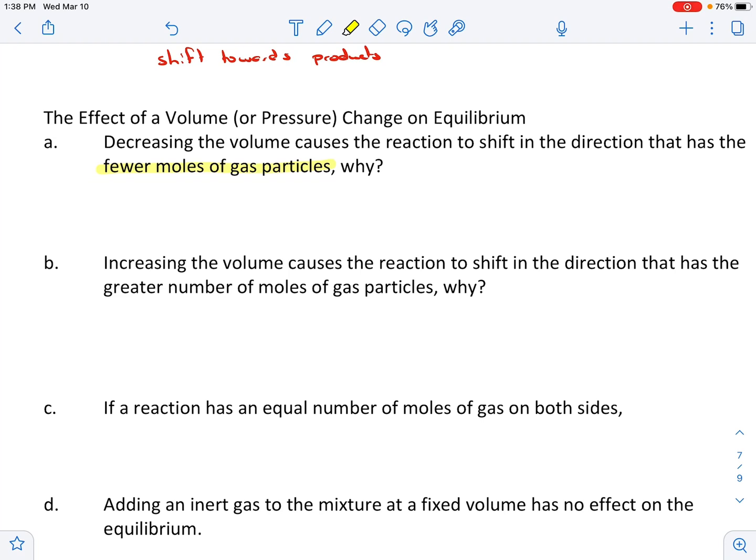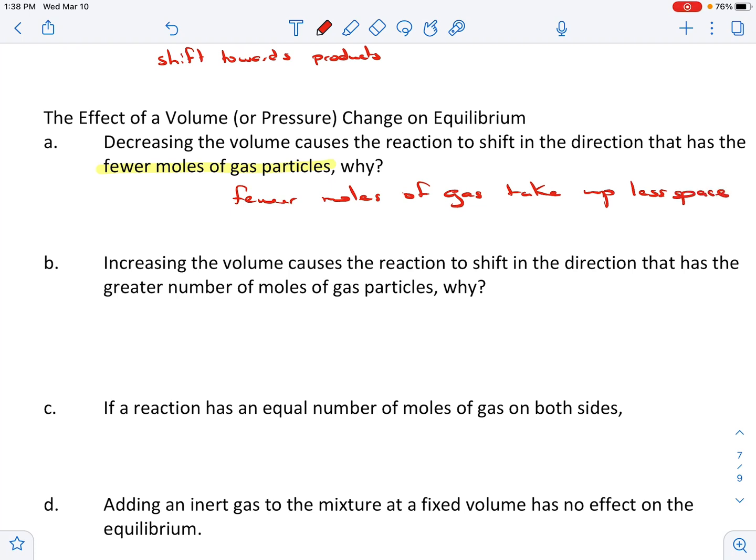So if we're increasing the pressure, it'll shift towards the fewer moles because fewer moles of gas take up less space. That's why it'll shift towards the fewer moles of gas.